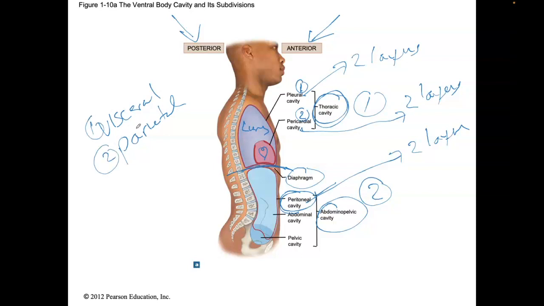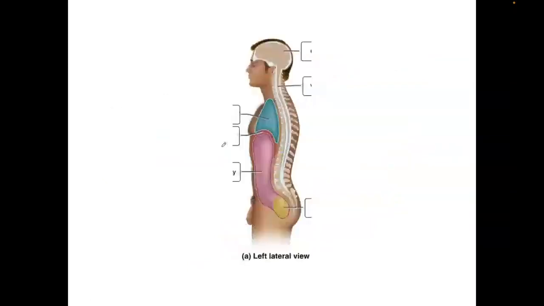So there's always two layers, a visceral and a parietal layer. So there's a visceral pericardium, there's a parietal pericardium, there's a visceral pleura, a parietal pleura, there's a visceral peritoneum, and a parietal peritoneum. I'll show you what those look like.